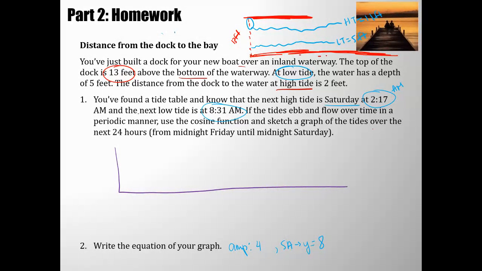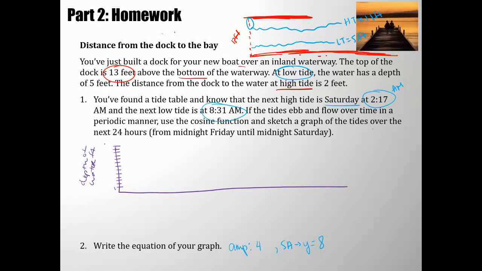So I know that high tide is going to be 11, right? So 1, 2, 3, 4, 5, 6, 7, 8, 9, 10, 11, 12, 13. This is the depth of water in feet.